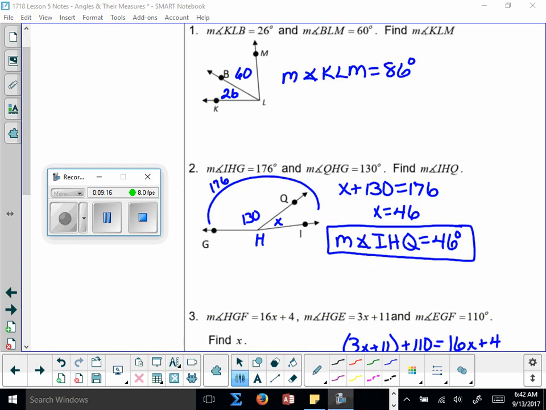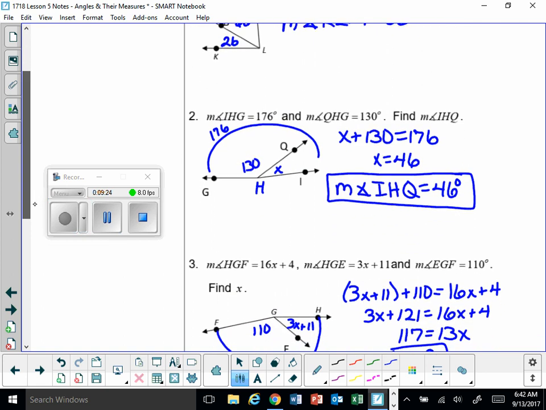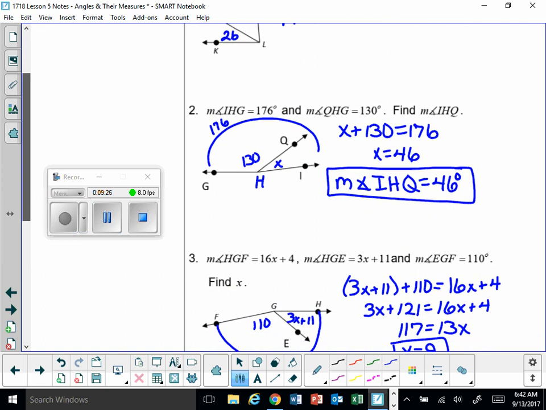All right, so the first one was very straightforward. I labeled my angles and the part plus the part equaled the whole. The second one, I had to set up a small equation. Maybe you could figure it out using mental math, but note that I was careful to use the proper notation when I wrote my final answer. The measure of angle IHQ equals 46 degrees.